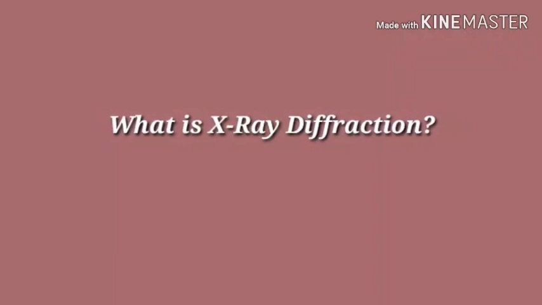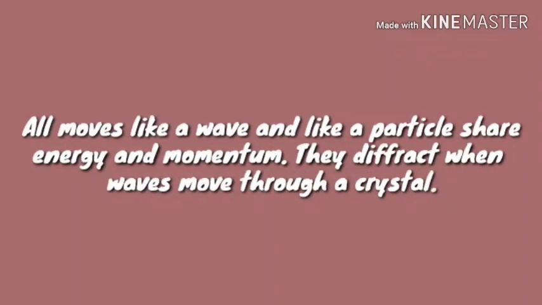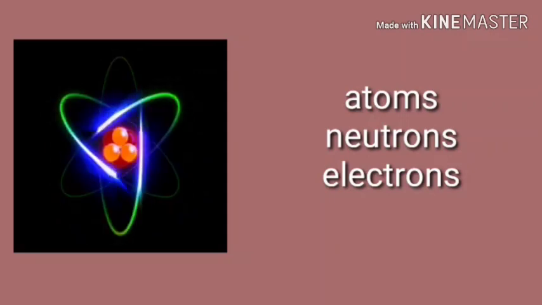What is X-ray diffraction? Everything moves like a wave and like a particle, sharing energy and momentum. They diffract when waves move through a crystal. The crystal diffracts light, sound, atoms, neutrons, and electrons.